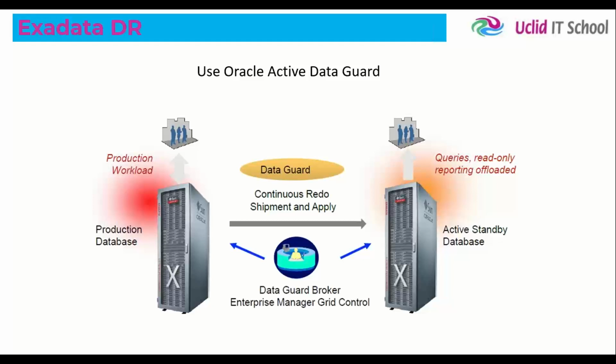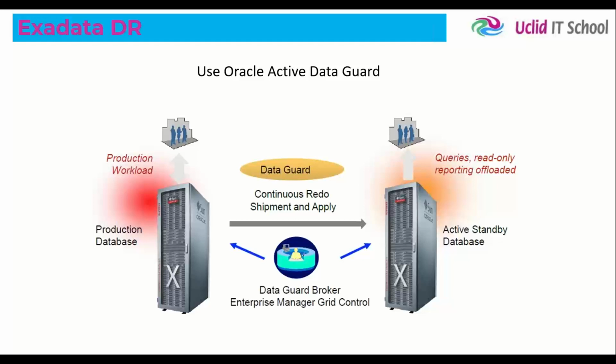So typically what you do, you purchase 2 Exadata racks. One you will use in the primary data center to deploy your primary database. Another one you deploy in the secondary standby data center and use it for the standby database. So when the primary data center, primary server, primary rack is affected, you will activate the standby server in the standby data center and your applications will use the standby database.